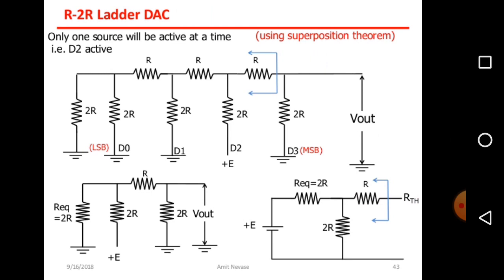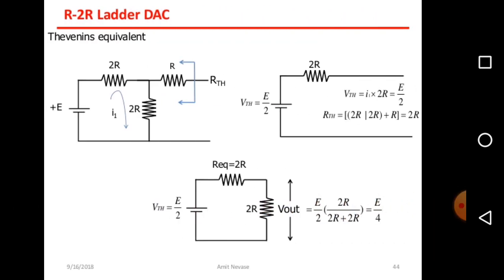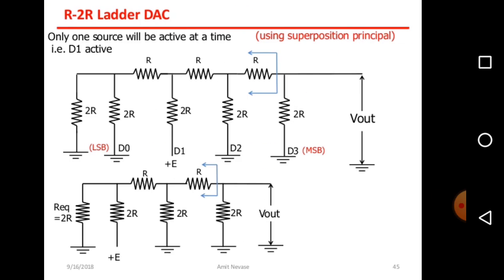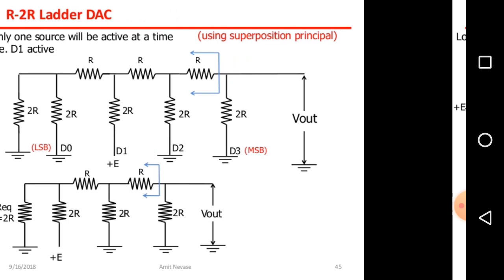Using the superposition theorem, the solution is on the slide. Here Thevenin's theorem is also applied to this circuit to get the analog output. Only one source will be active at a time, that is D1 is active. Again here the superposition principle is used.